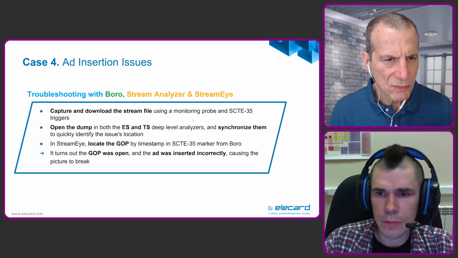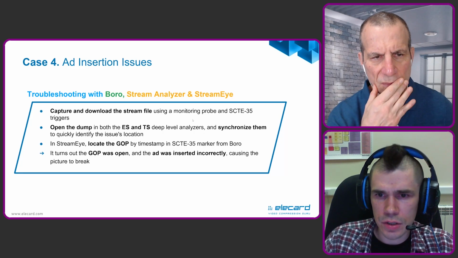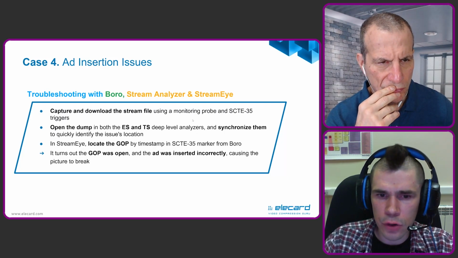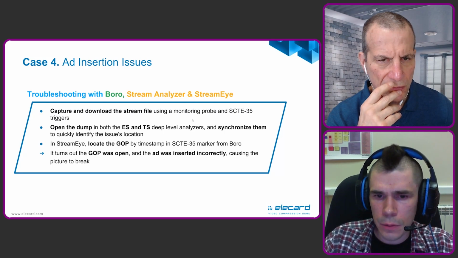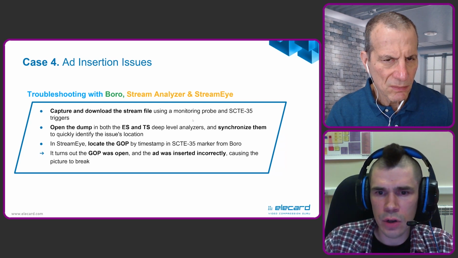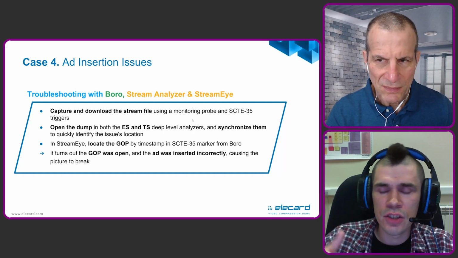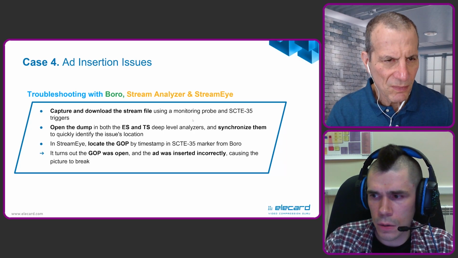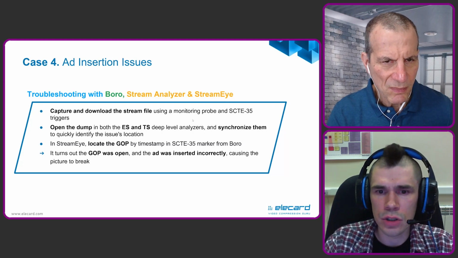And there are two main cases when it happens, usually. The first case is that the ad was inserted with an open GOP structure. So the GOP was open, and we merged together two different contents. And the decoder will collapse at that point, because it's not the same bit stream, it's just ad insertion, a different stream.